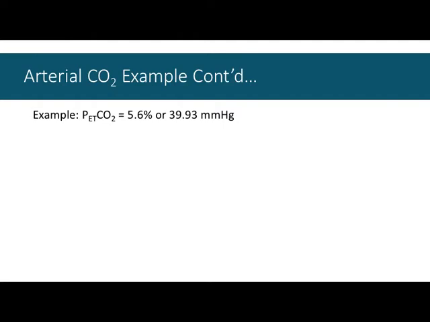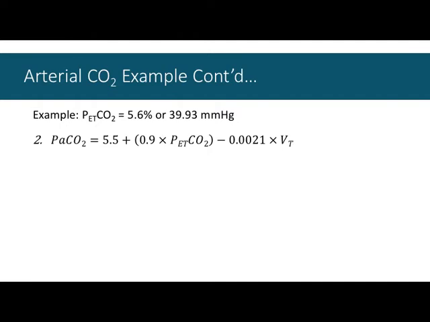So let's pick up. We have this end tidal CO2 partial pressure that we just calculated, but it's not representative of arterial. So let's make it arterial. This is the equation that I just showed you that corrects end tidal to arterial. And here all the subscripts are correct.